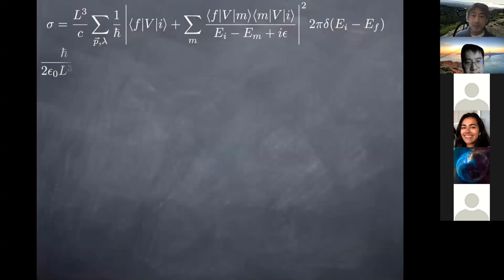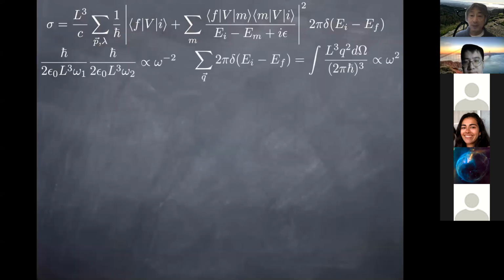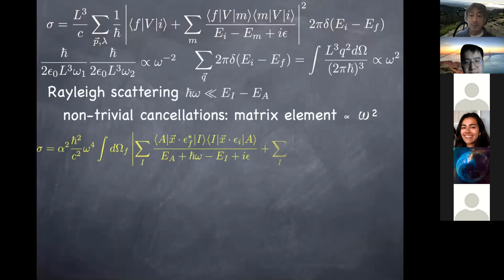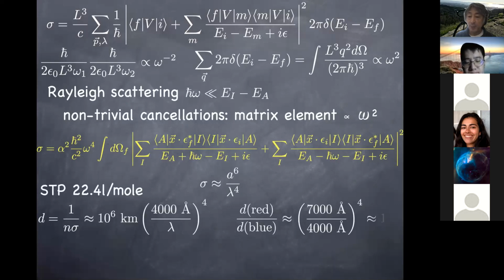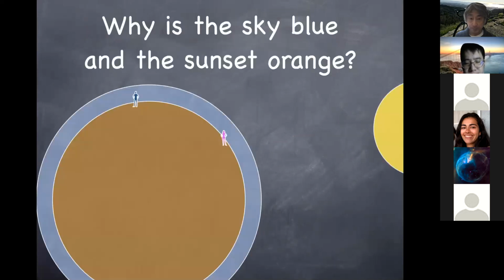Okay. And I believe many of you already know that this behavior, that the Rayleigh scattering cross-section is suppressed at long wavelength and enhanced at short wavelength, is the reason why the sky is blue.